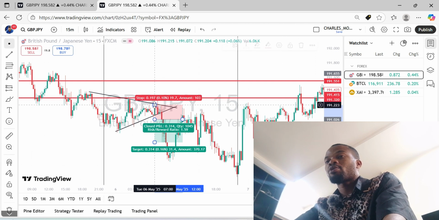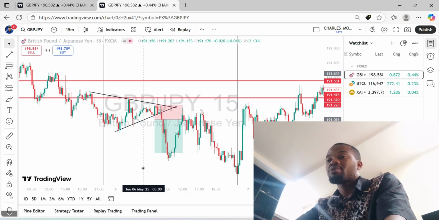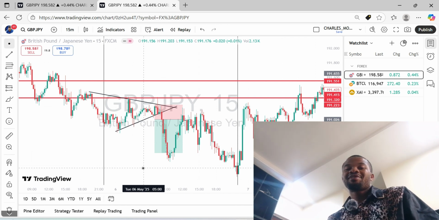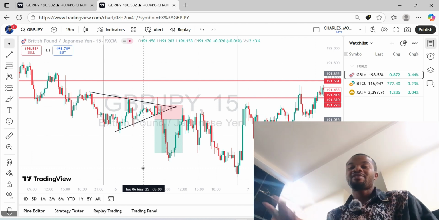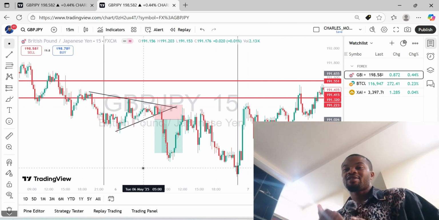Stop loss 20 pips. Target maybe 20 pips or 50 pips. Very simple. Massive profit for that day.